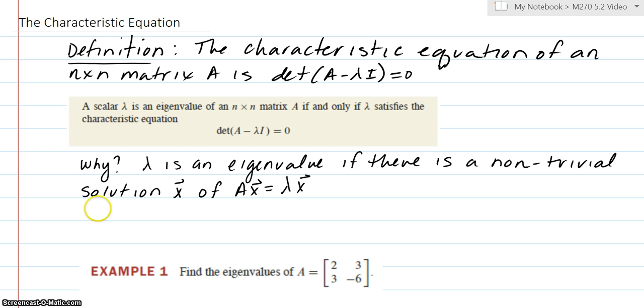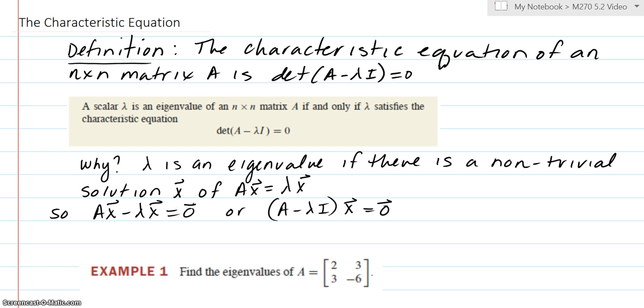So, if you remember what we did in the last video, we subtracted over that lambda x, and we factor out an x. So we're looking for non-trivial solutions to this.